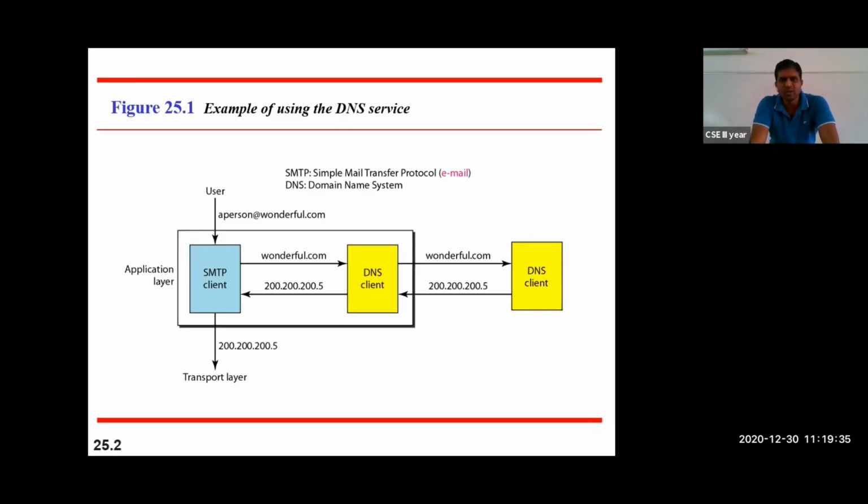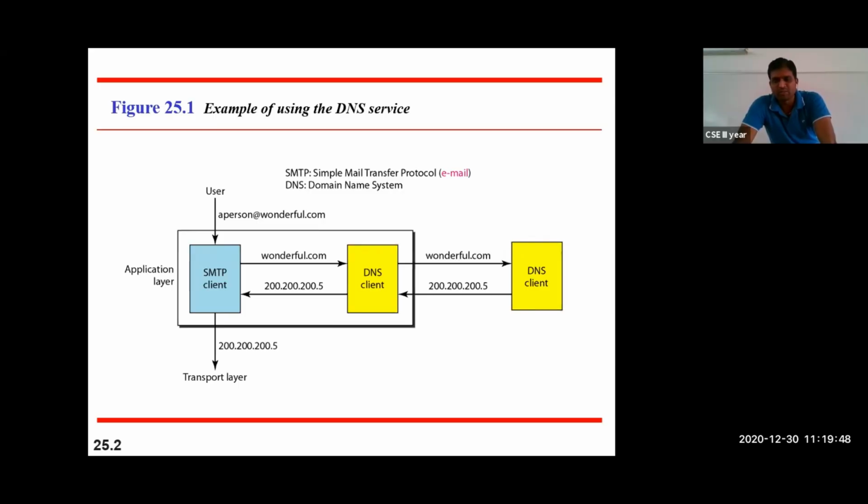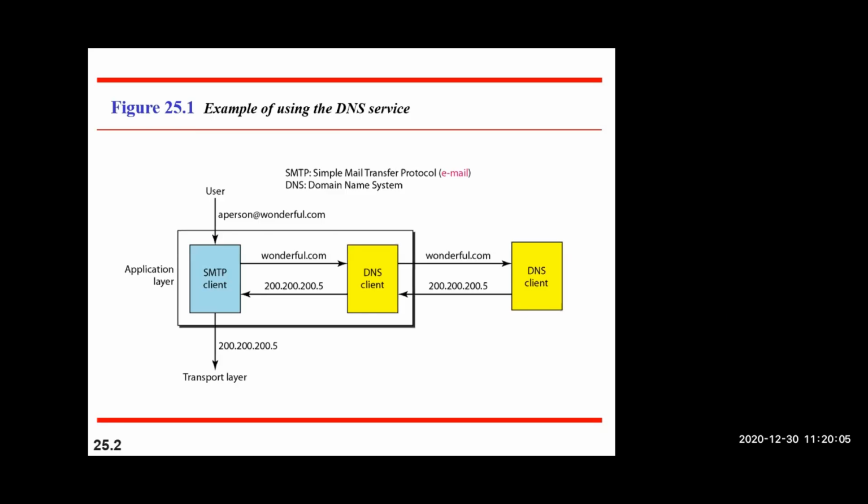Let us assume the receiver's email address is given by the user. The receiver is some person, and the domain is @wonderful.com, just like your gmail.com or your friend's SRU domain. Person@wonderful.com is the recipient's mail ID. That is put to the mail transfer agent. The protocol that works at the mail transfer agent is SMTP, the Simple Mail Transfer Protocol.